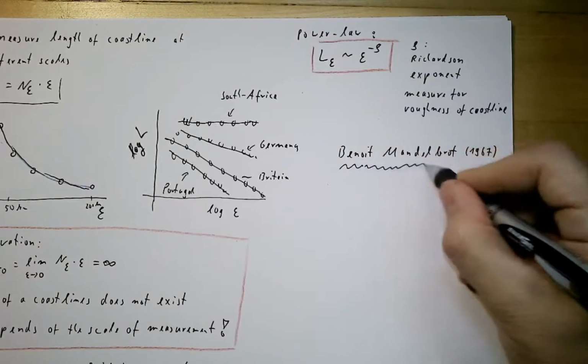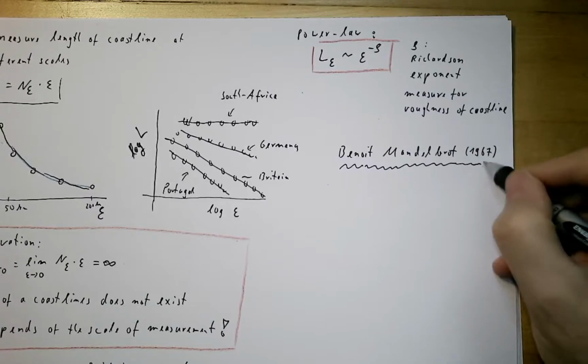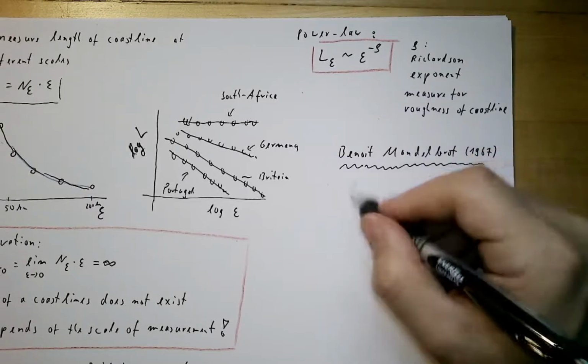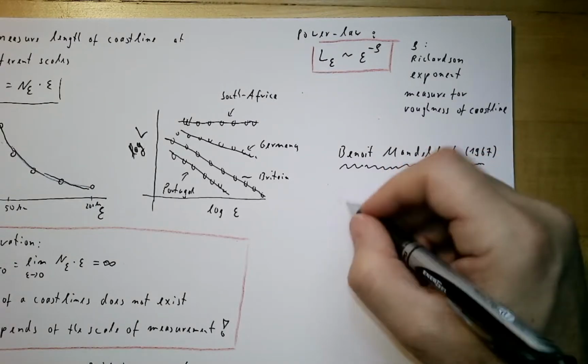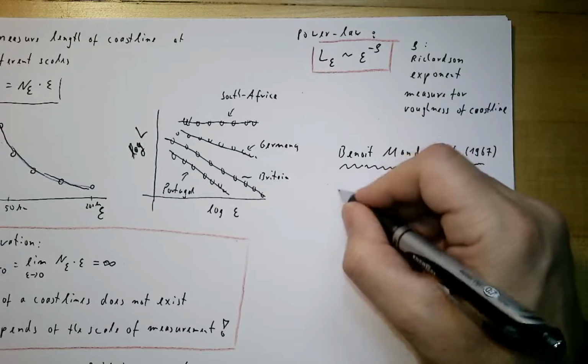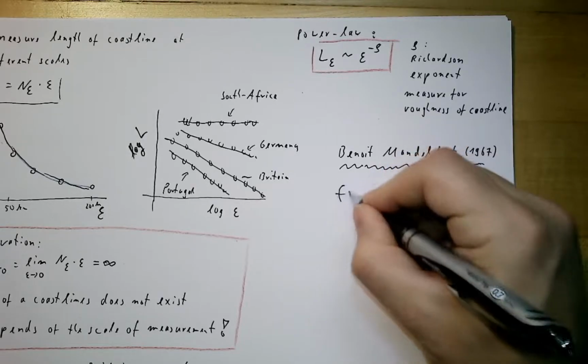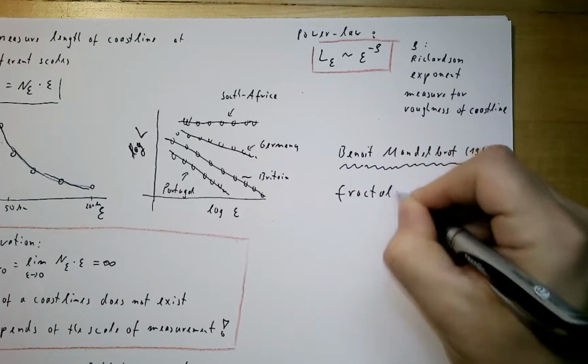He rediscovered this finding from Richardson, and he exploited this in much detail, and then he coined the notion of a fractal. Such objects are fractals.